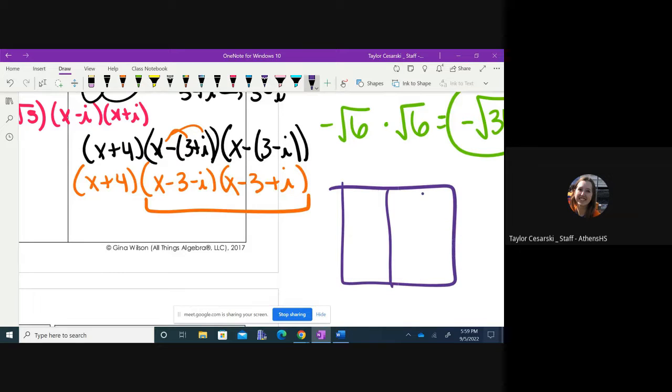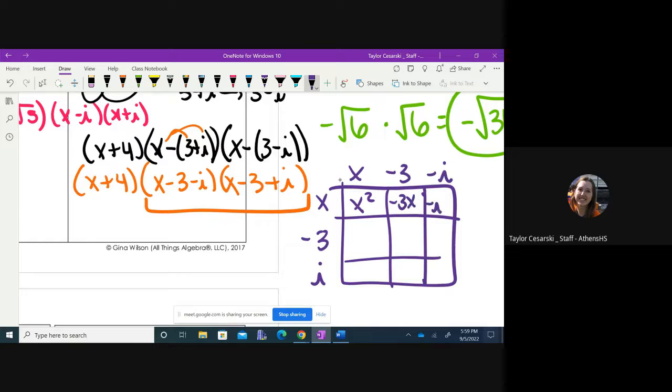All right, so 3 by 3, x minus 3 minus i, x minus 3 plus i. So x squared minus 3x minus ix minus 3x plus 9 plus 3i, ix or xi minus 3i minus i squared.